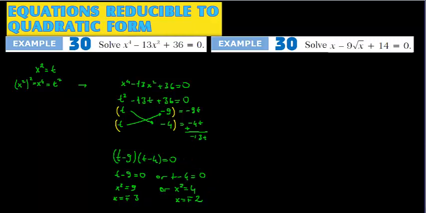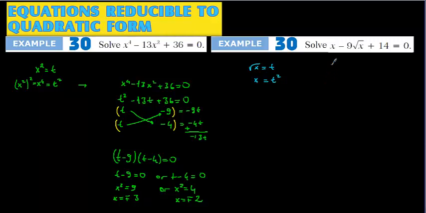Okay, what about this question here? In this question we have x and root of x. If we compare x and root of x with each other, if I say root of x is equal to t, then of course x is going to be equal to t squared. When you square both sides, you can understand that one.